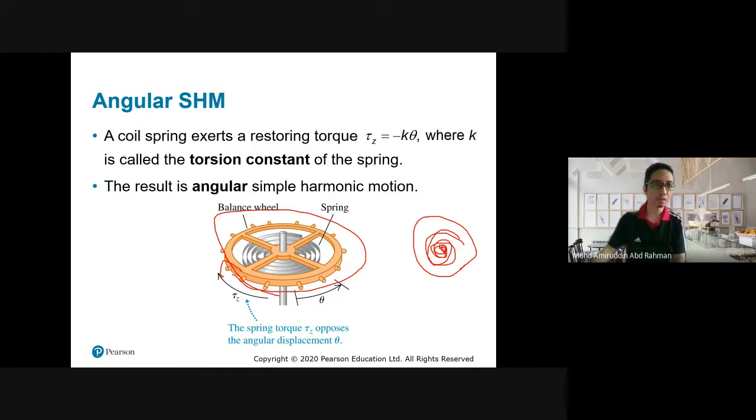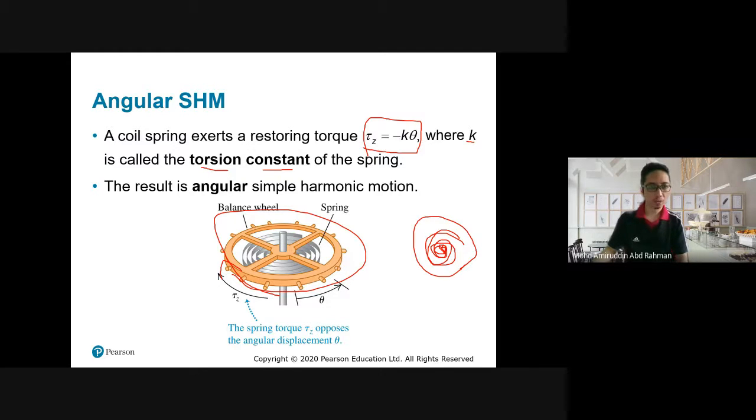All right, so the torque over here can be calculated using this equation, where k is the torsion constant of the spring. And over here we have the angular SHM, angular simple harmonic motion.